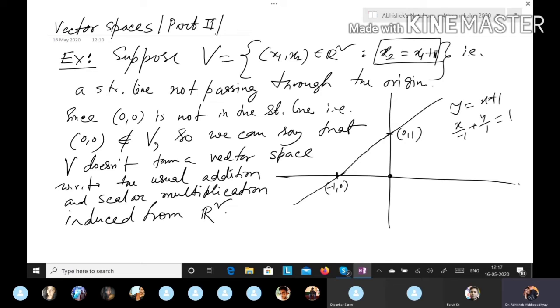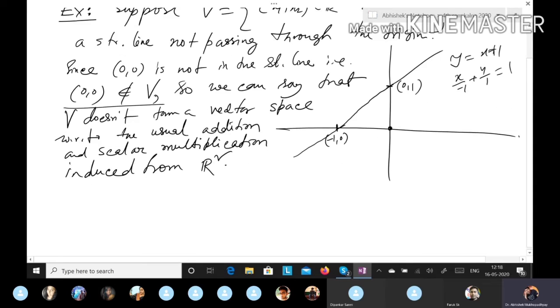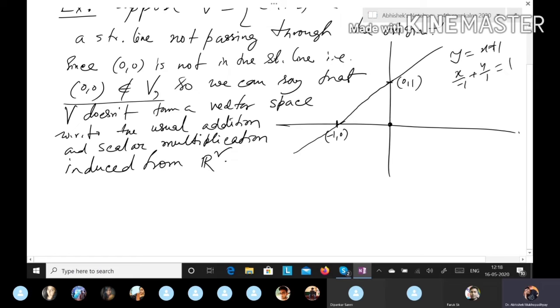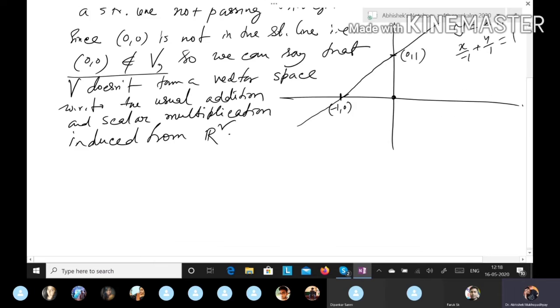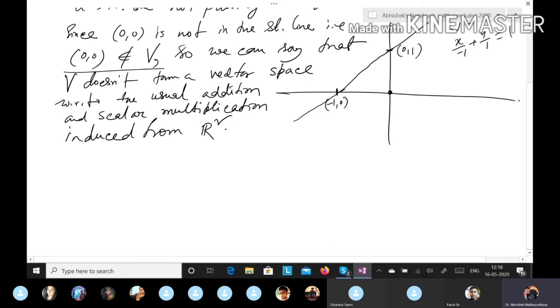So V must be an additive subgroup of R2, but that is not the case here, because 0 0 does not belong to V. So this is an example of a set which is not a vector space with respect to usual addition and scalar multiplication induced from R2.